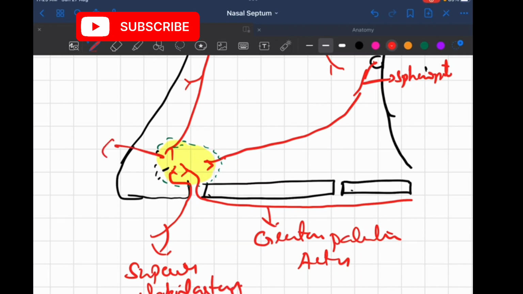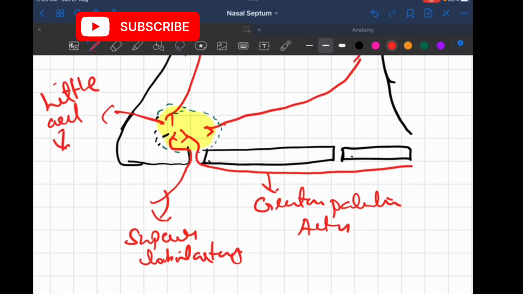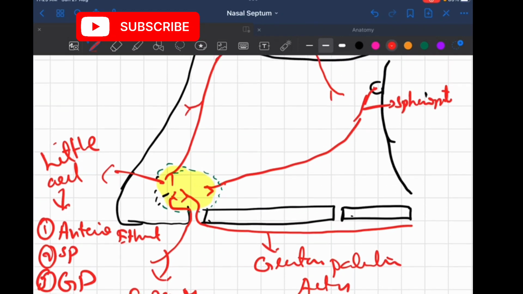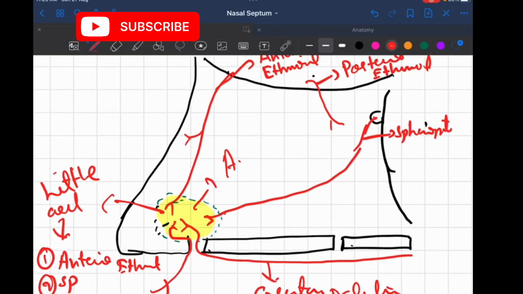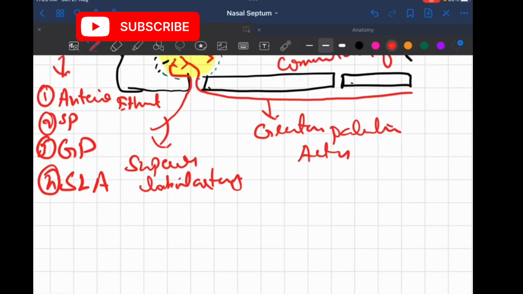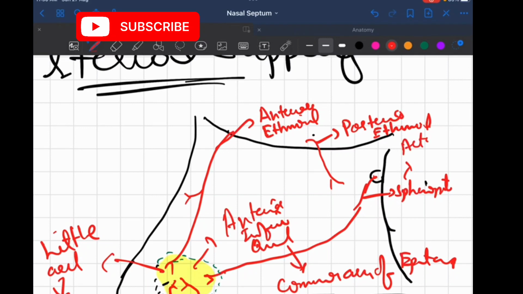This little area is formed by 4 arteries: anterior ethmoidal, sphenopalatine, greater palatine, and superior labial artery. As it is situated in the antero-inferior quadrant, it is a common area of epistaxis. Sphenopalatine is known as the artery of epistaxis.